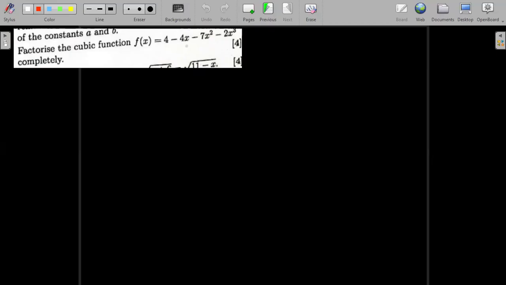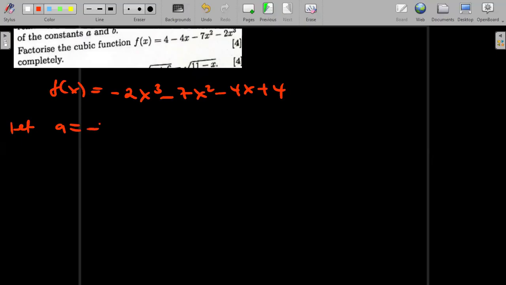Let me write this function, starting by writing negative x cubed minus 7x squared minus 4x plus 4. So I'll let my a be equal to negative 2 and my b be equal to 4.